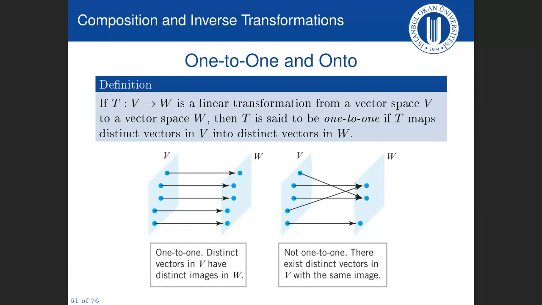If T is a linear transformation from a vector space V to a vector space W, then T is said to be one-to-one if T maps distinct vectors in V into distinct vectors in W. So in other words, any time we have two different vectors in V, they need to map to different vectors in W. If two different vectors map to the same vector in W, then it's not one-to-one.